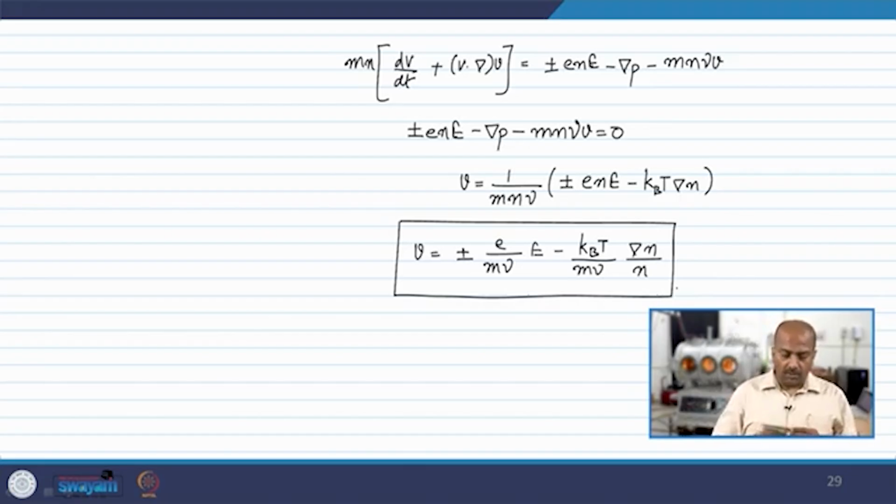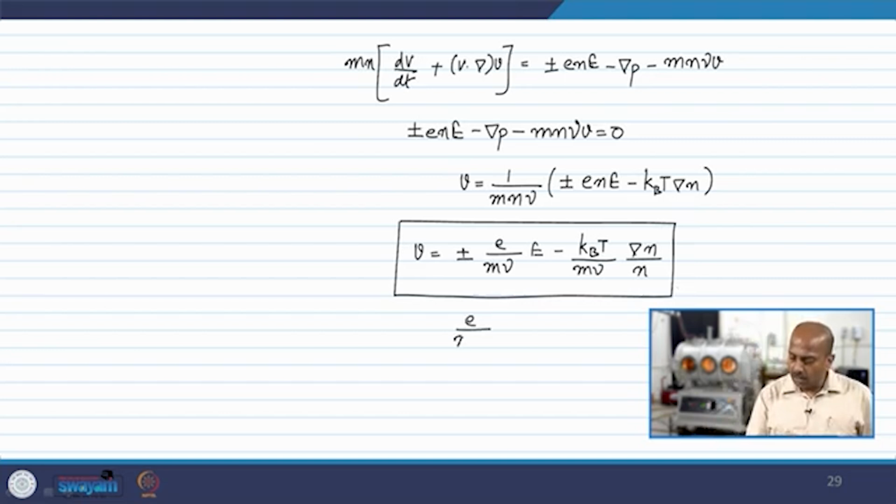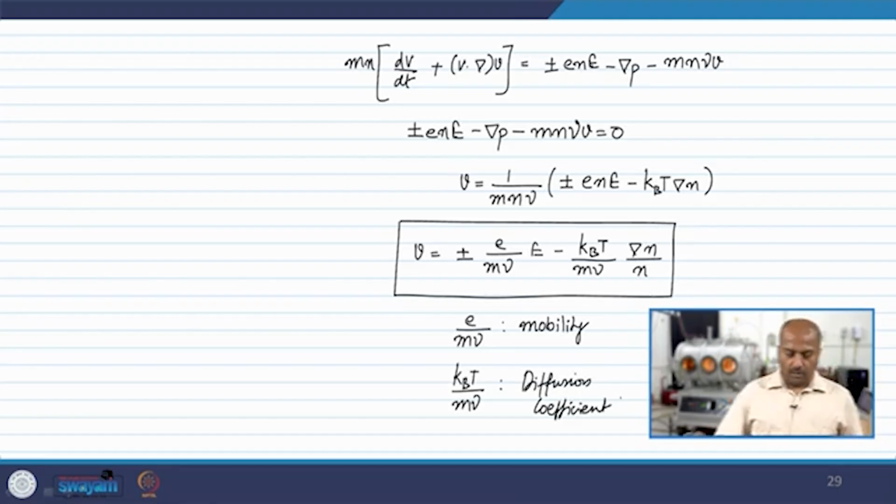Now, in this expression, you see this e by mν. What is this? This is called as the mobility, and you have kBT by mν. What is this? This is called as the diffusion coefficient, right.